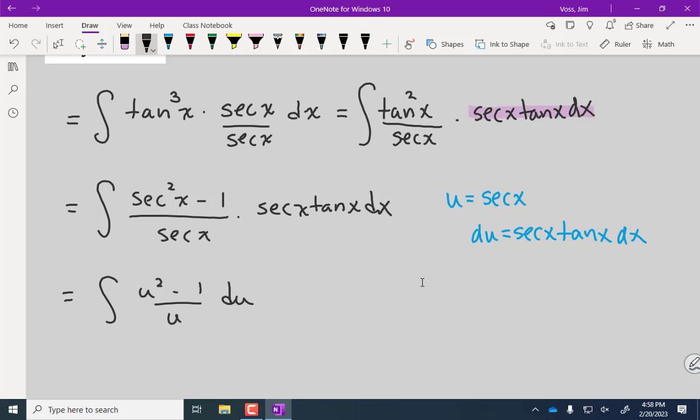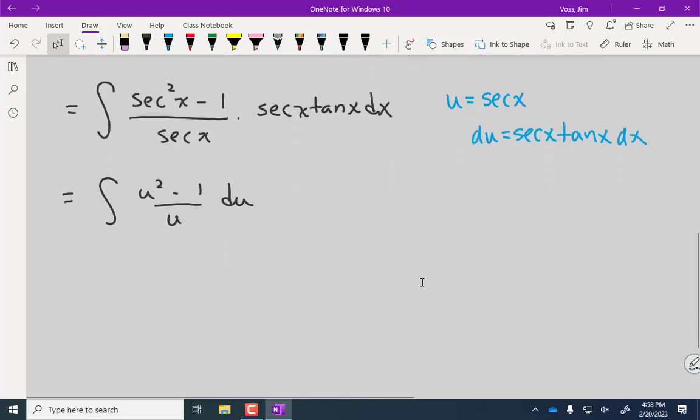Split them. If the denominator is one term and the numerator is more than one, distribute. Split the fraction. So this will become the integral of u minus 1 over u du.